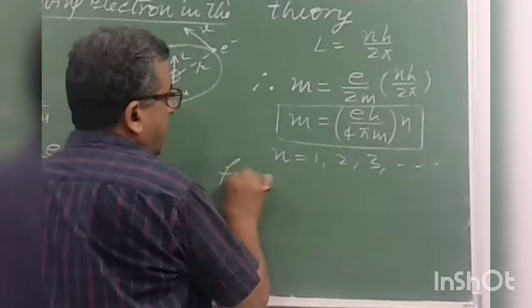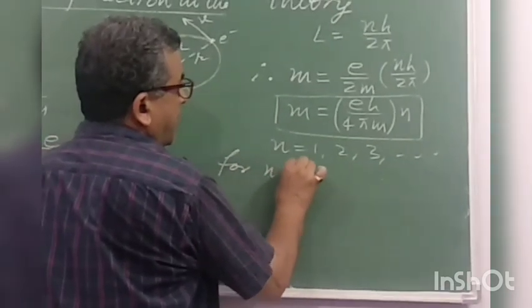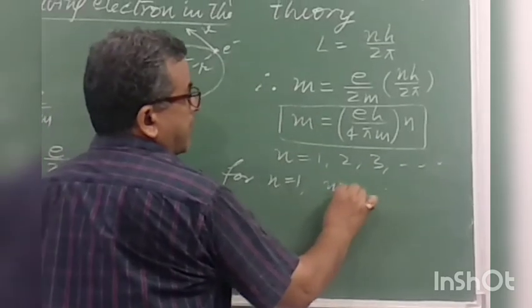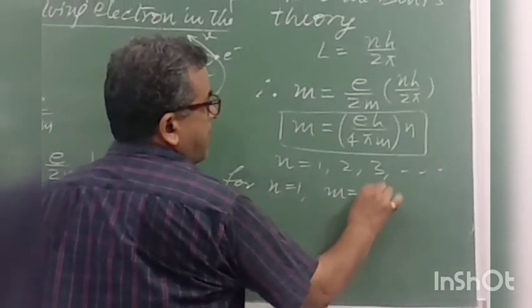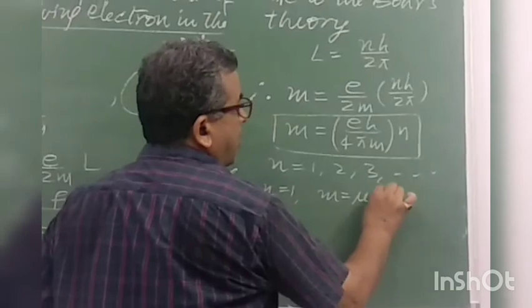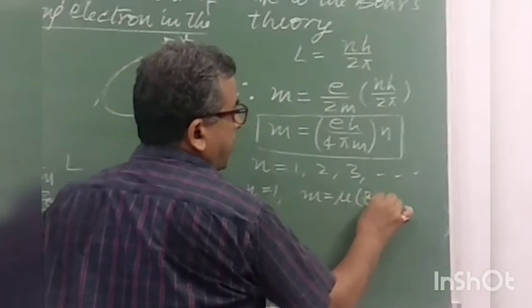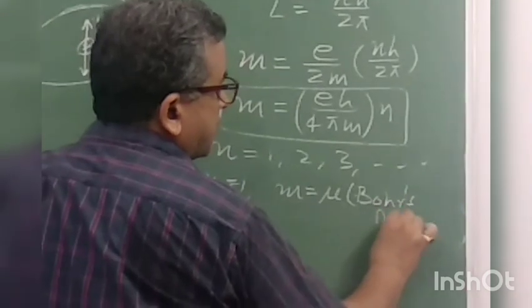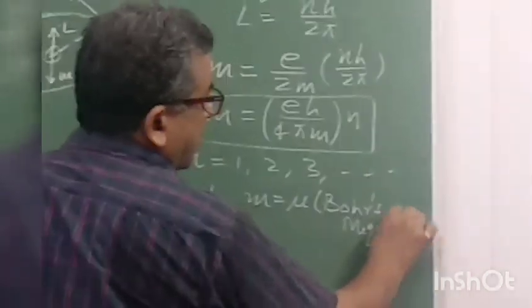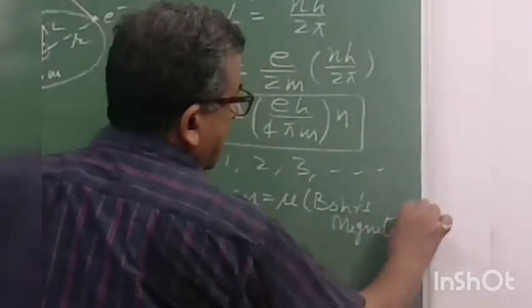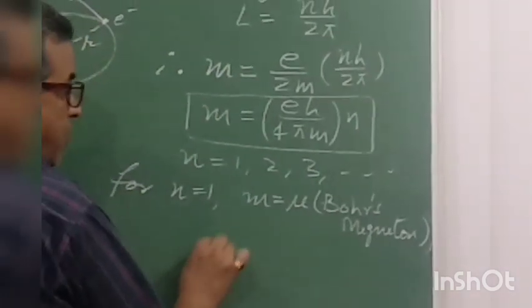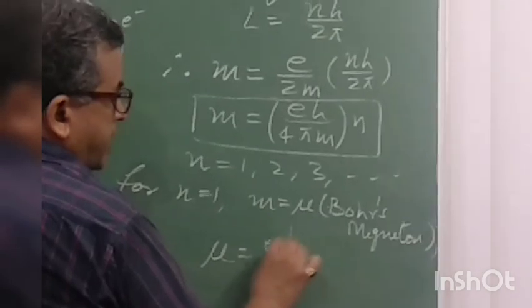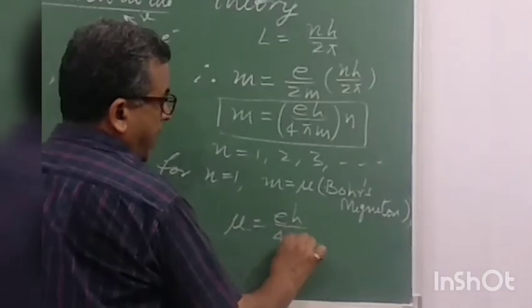For n equal to 1, this is represented by mu, and it is called the Bohr magneton. Its value mu is eh upon 4 pi m.